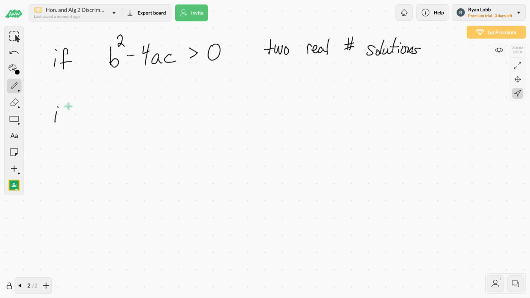If the discriminant, b squared minus 4ac, is equal to 0, that means you're going to have one real number solution.